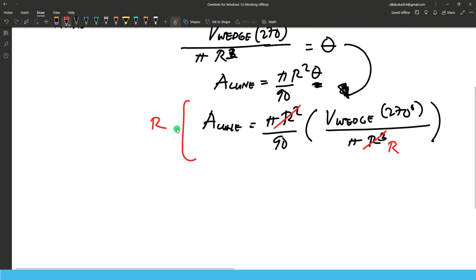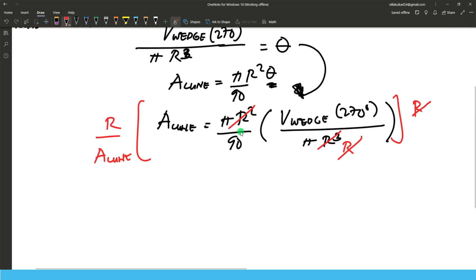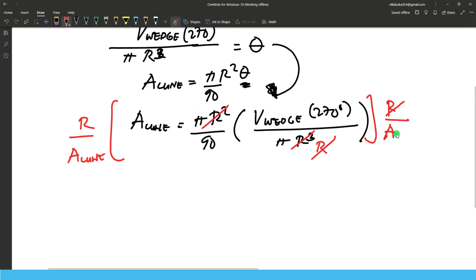We multiply both sides by r in order to eliminate this, and we divide both sides by the area of the loon, so that on the left hand side of the equation what remains is r.